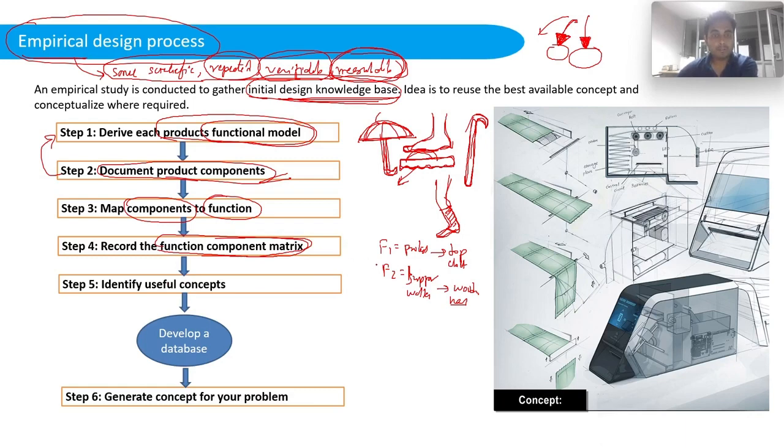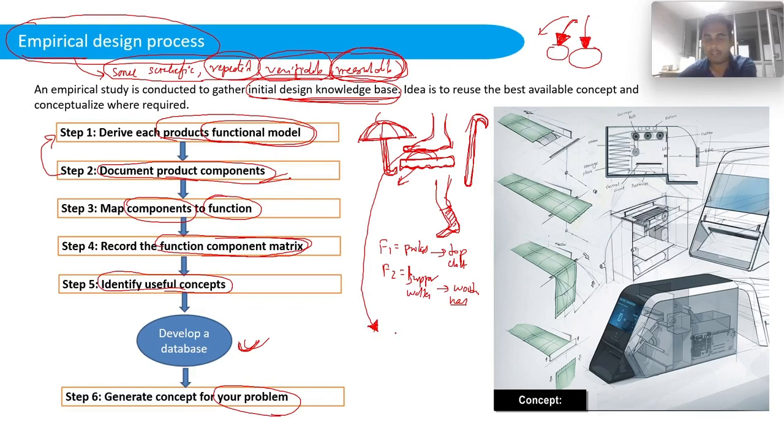Based on your matrices, you try to identify useful concepts, and then you create a database for yourself. This database can be used later for your own problem. So the exact problem that you are trying to solve for your grandfather, who used to slip every time he walks on wet ground, you may decide to address from a different angle.